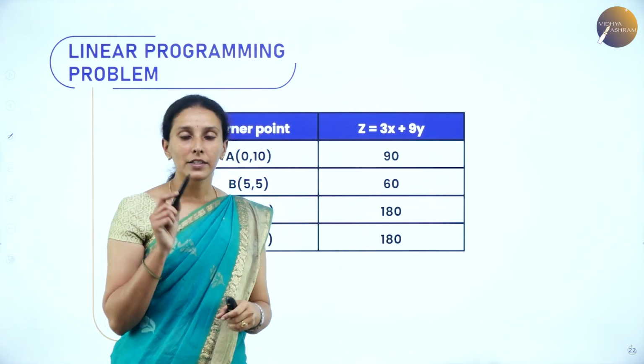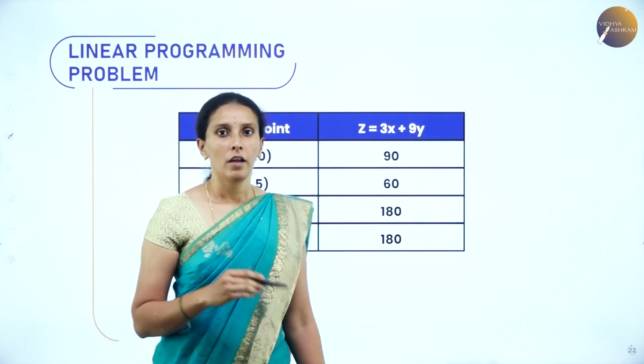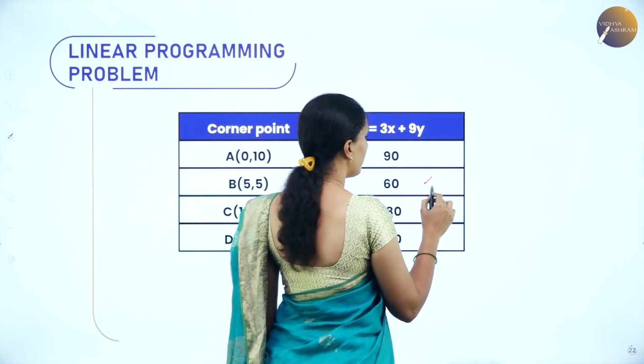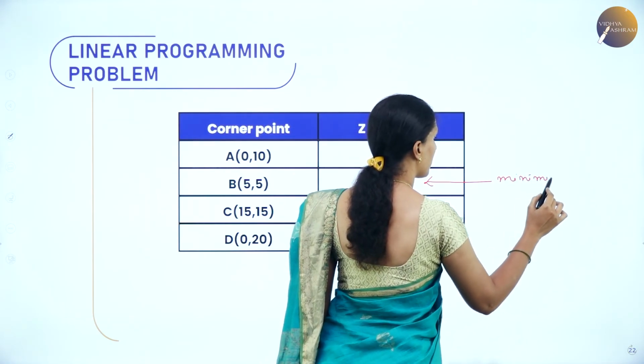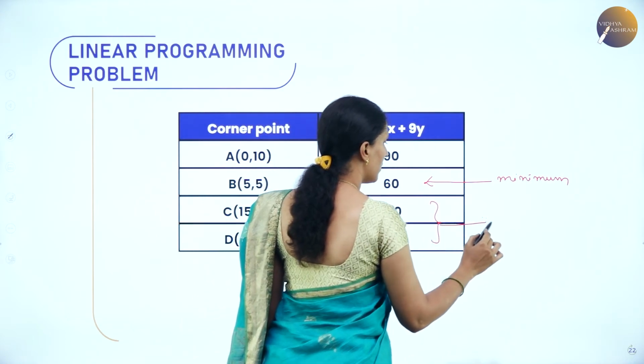Now here, we are supposed to find both the maximum as well as the minimum values. Now write both the minimum as well as the maximum value. So this is the minimum value, and what are the maximum values? Here we have maximum.